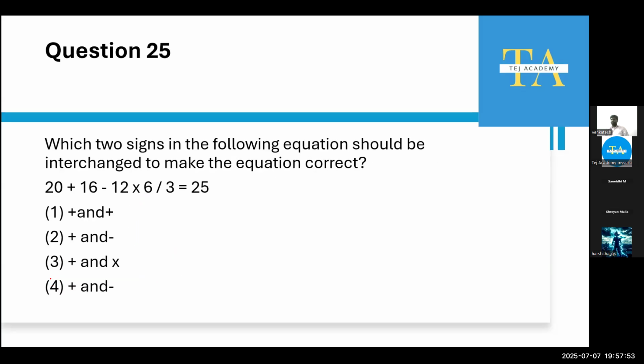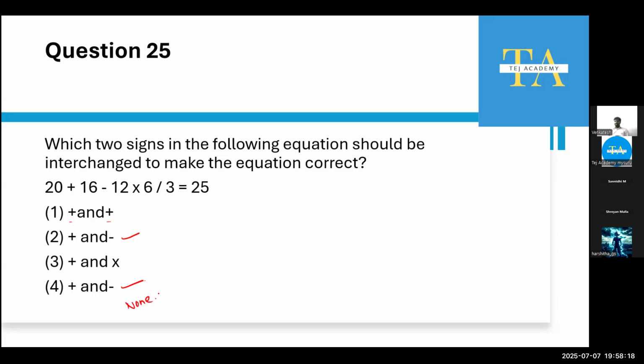Okay. Next question number 25. So the question number 25 also has the same answers, same options. And option 1 is also plus. How will you interchange plus? There is no meaning. Okay, so this also we will get as none of this.